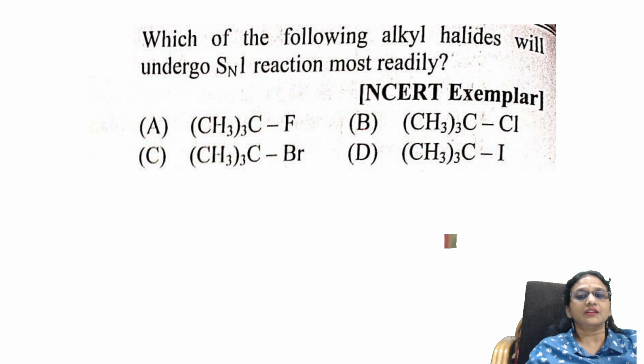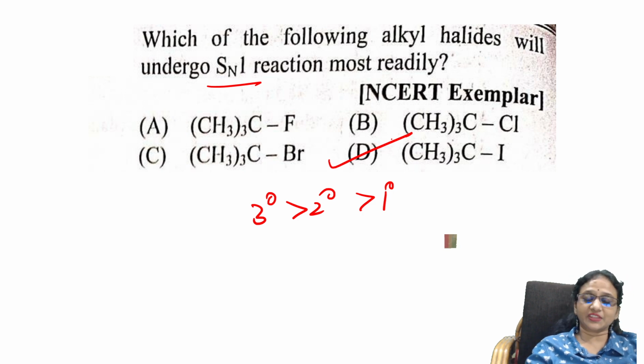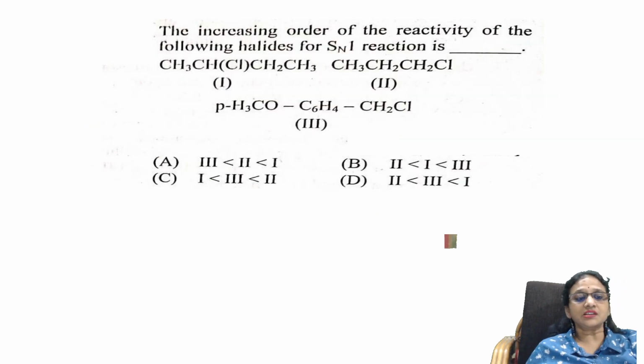Next question. Which of the following alkyl halides will undergo SN1 reaction most readily? SN1 is preferred by tertiary, then secondary, then primary. So tertiary is next. The increasing order of reactivity of the following halides for the SN1 mechanism.